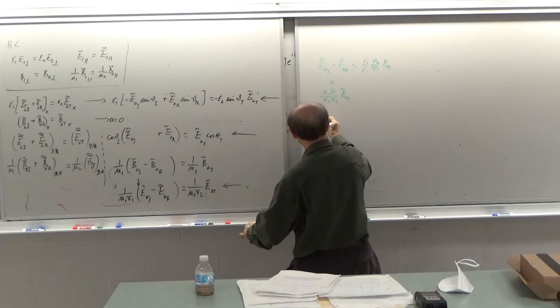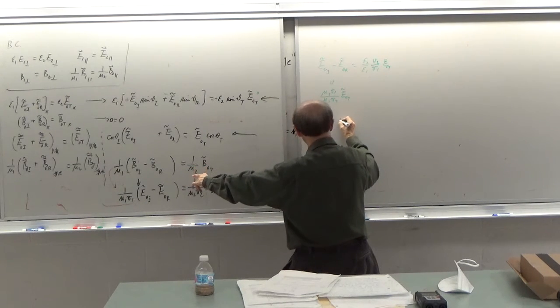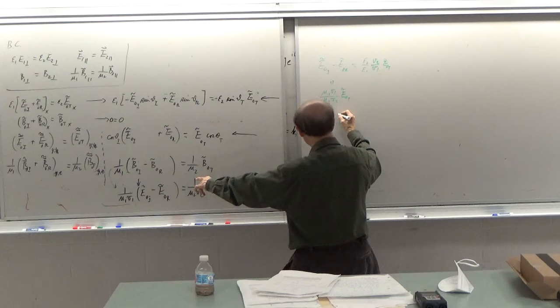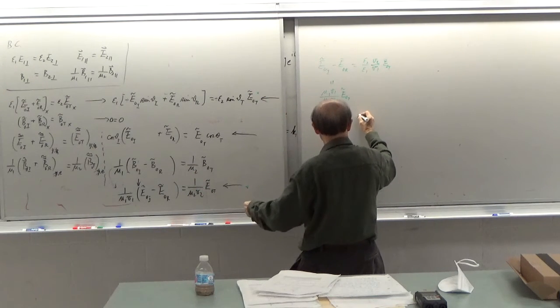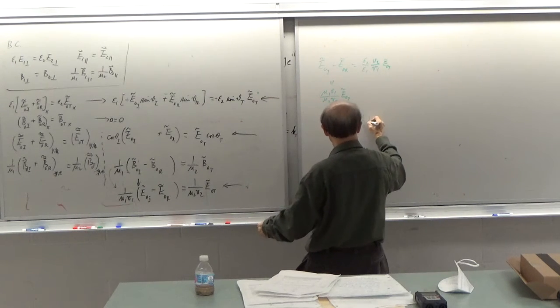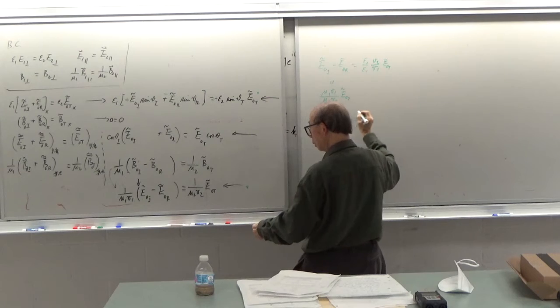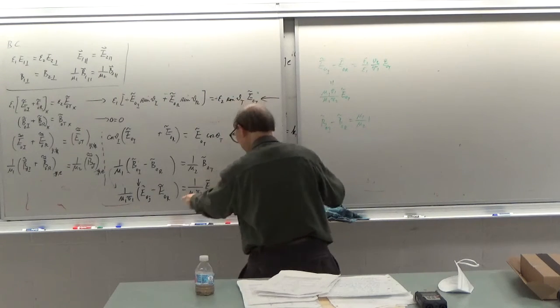which says that B not I minus B not R is equal to mu1 over mu2, B. Oh, I'm sorry. I should not be looking at this one. I should look at this one.